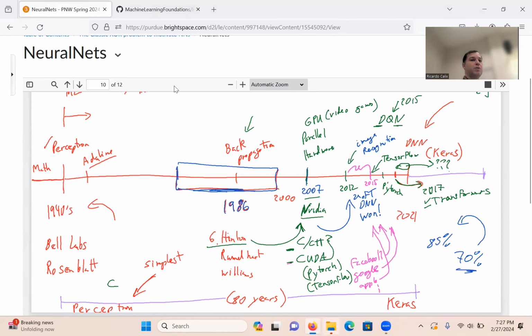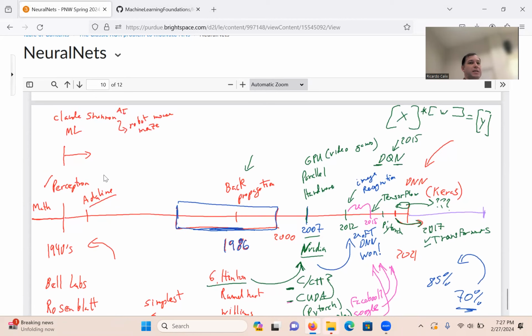So the story would start around the 1940s. In parallel, there are two big things. Claude Shannon, you guys know him, the father of information theory and basically the digital age. Claude Shannon did cryptography, a lot of the stuff you learned for networking, but he also defined entropy and cross entropy.